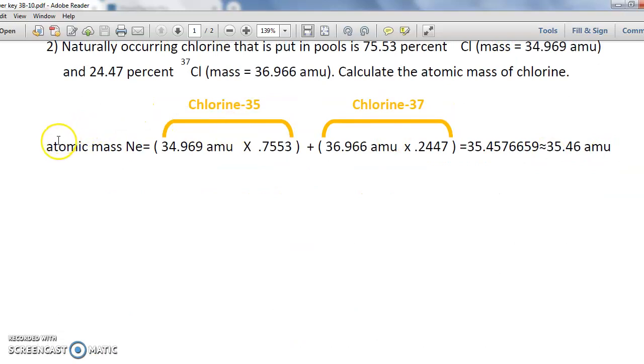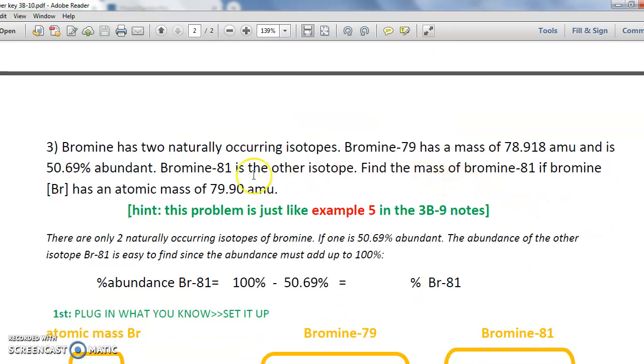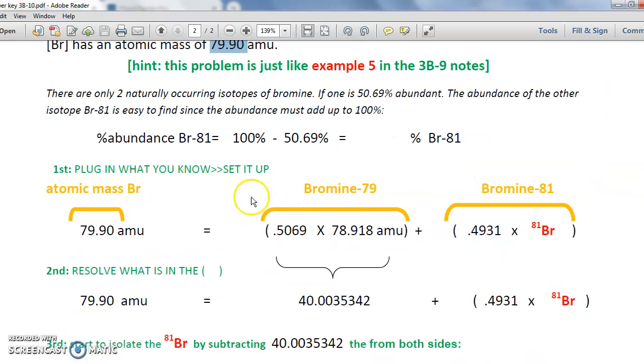When we did these problems in the past, we were trying to find the atomic mass. On this problem, they gave us the atomic mass, 79.9. So that is going to be plugged in right here.